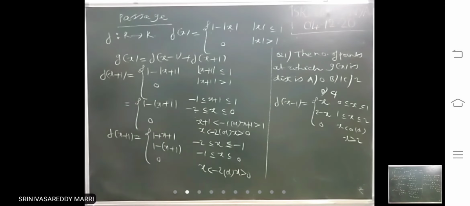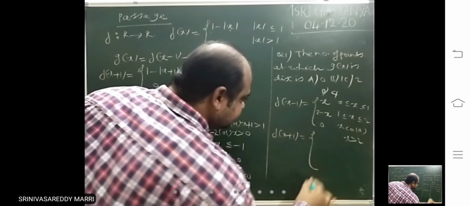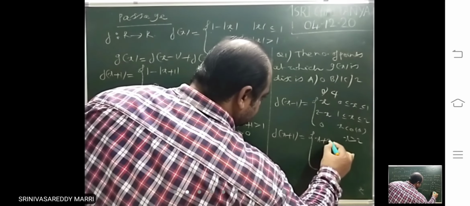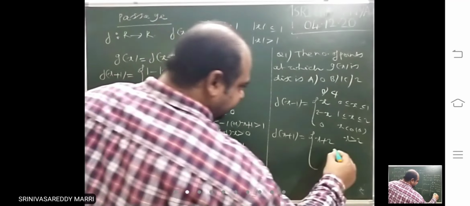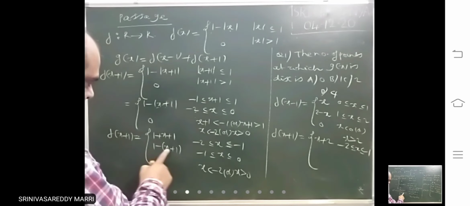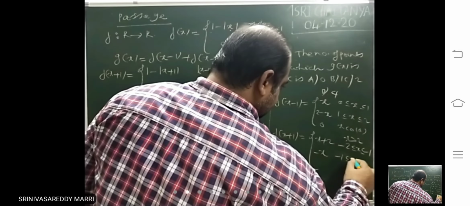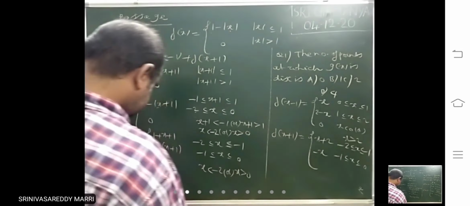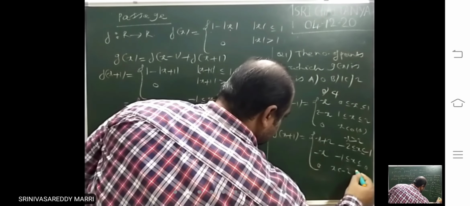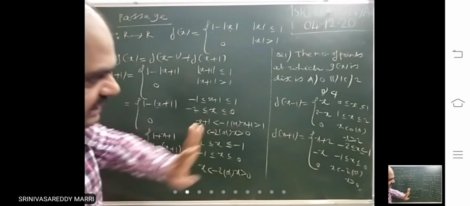So the final definition of f of x plus 1 is: x plus 2 from minus 2 to minus 1, then minus x from minus 1 to 0, and then 0. So both you got.